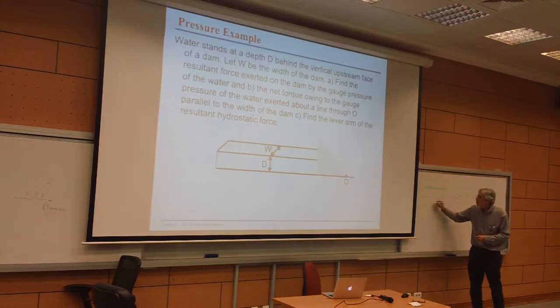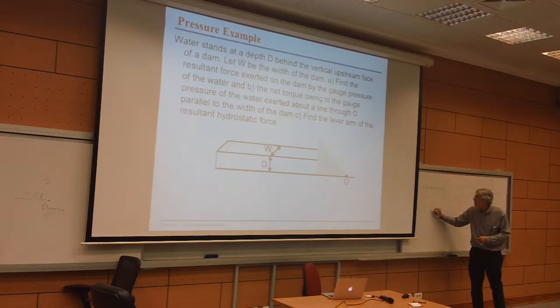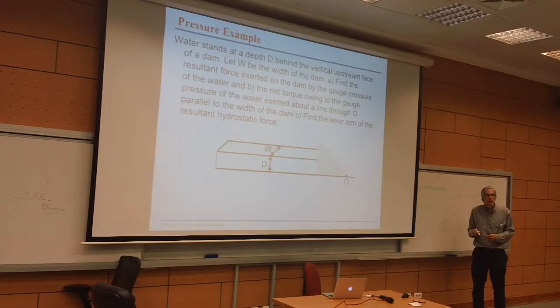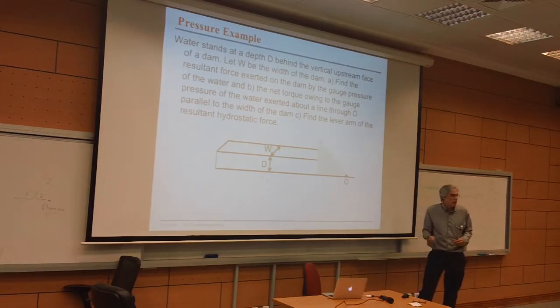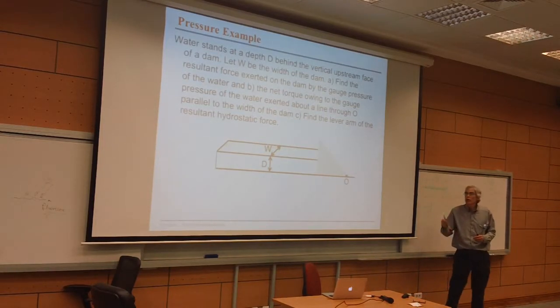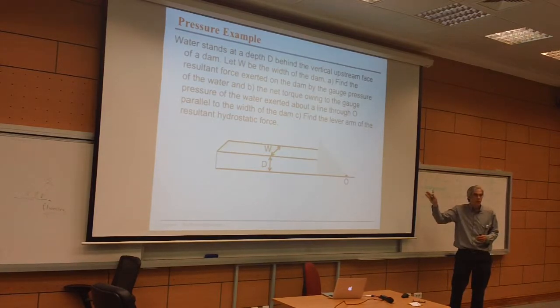So in the first part, the pressure depends on this depth, and in the second part the lever arm is that distance. What is the axis of rotation? The axis of rotation is here. Okay. So the builder of the dam needs to take into account not only the possibility that the force will collapse the dam, but that it might flip the dam over.